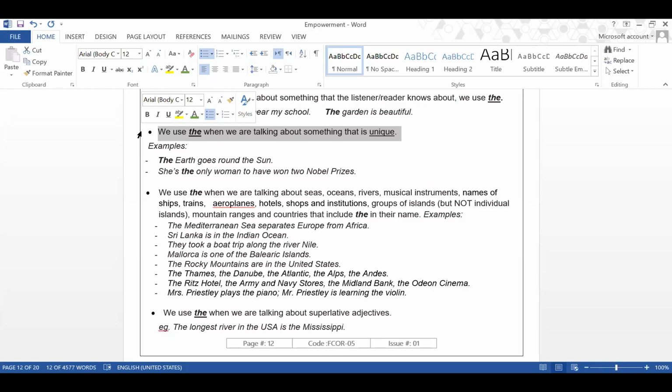We have only one sun. So when I as a speaker want to talk about the sun, you will definitely know which sun I'm talking about because we only have one sun. So I use the article the before sun. So I say the sun is hot today. The sun. Why? Because you know which sun. It's only one sun.